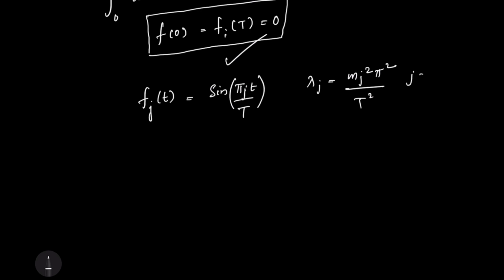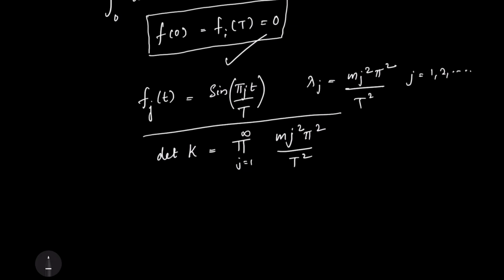Here j will take values 1, 2, etc. Therefore the determinant of K will be the product of the eigenvalues, so the product over j equal to 1 to infinity of m j squared pi squared by T squared. So this is the determinant.